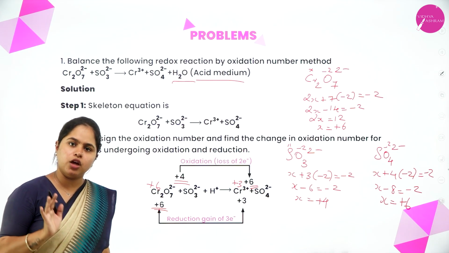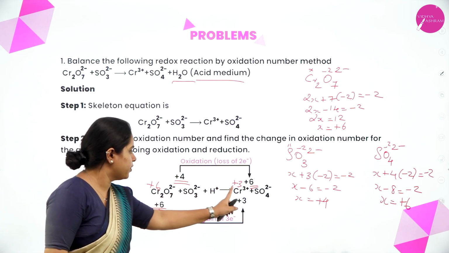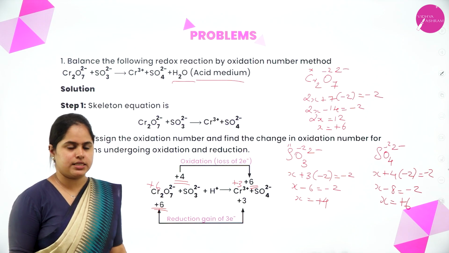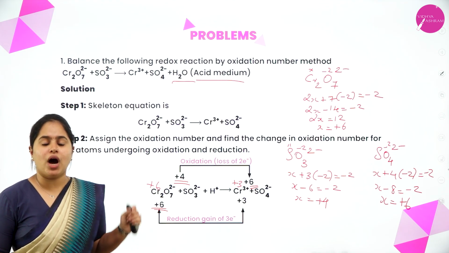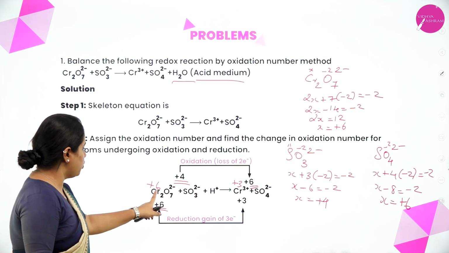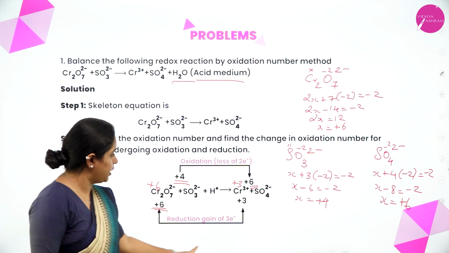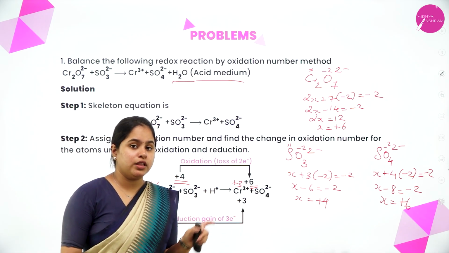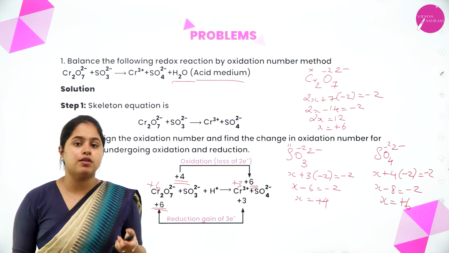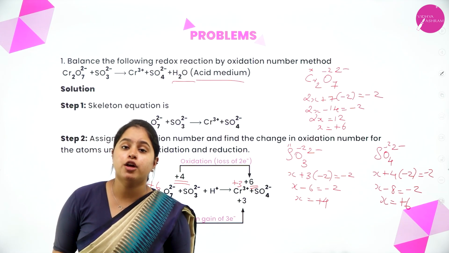So we calculated the oxidation numbers: plus 6, plus 4, plus 3 and plus 6. Now what is the next step? We have to identify which is undergoing oxidation and reduction. You can see chromium going from plus 6 to plus 3. When the oxidation number is decreasing, it is undergoing reduction.